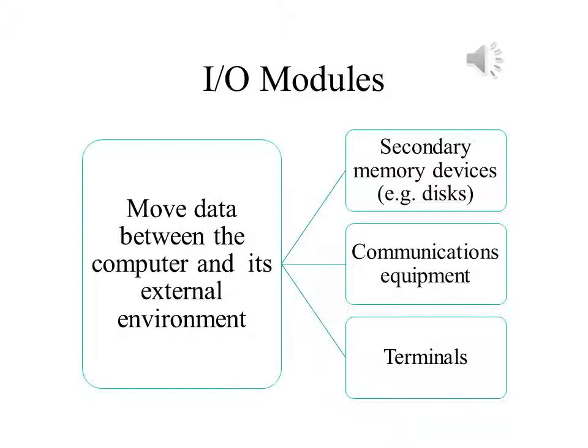I/O modules move data between the computer and its external environment. The external environment consists of a variety of devices, including secondary memory devices such as disks, communications equipment, and terminals.